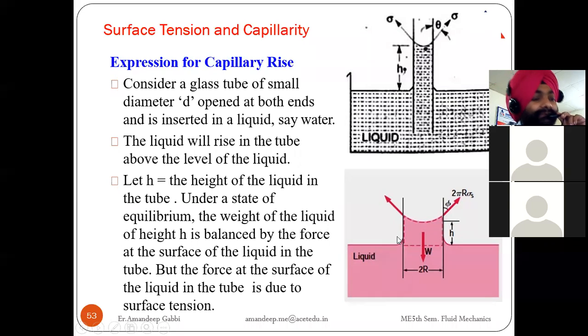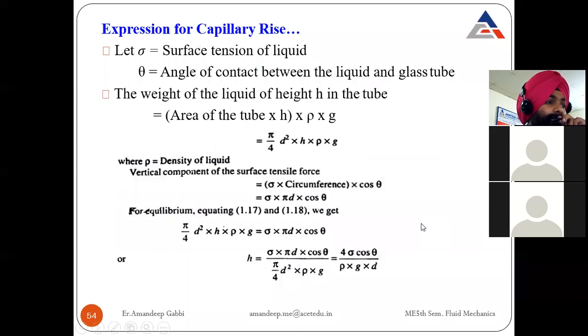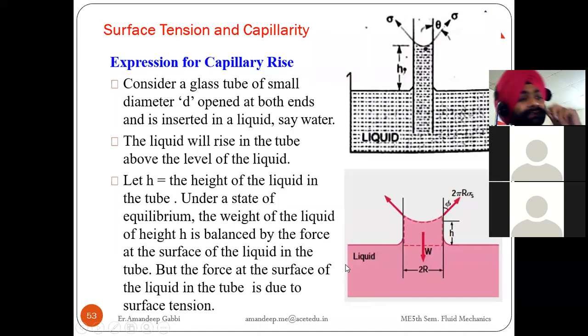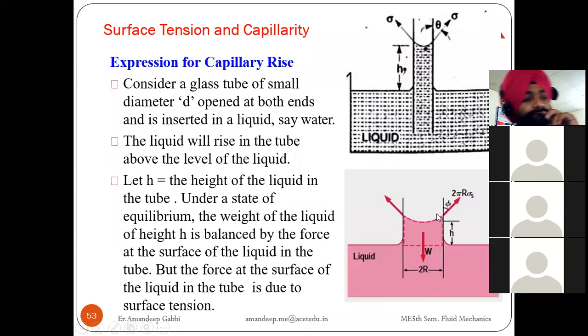Now it is being balanced. This weight is balanced by the surface tension acting at this end. Because of this force, the liquid is pushed up in the tube above the surface. Now consider the vertical component of the surface tension force: sigma into circumference into cos theta. Why have we taken cos theta? Because the force acts in this direction, it has two components: a vertical component and a horizontal component.